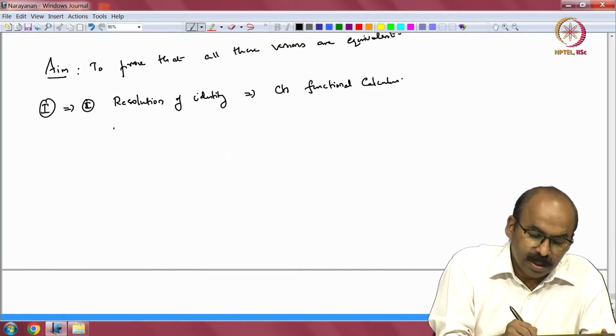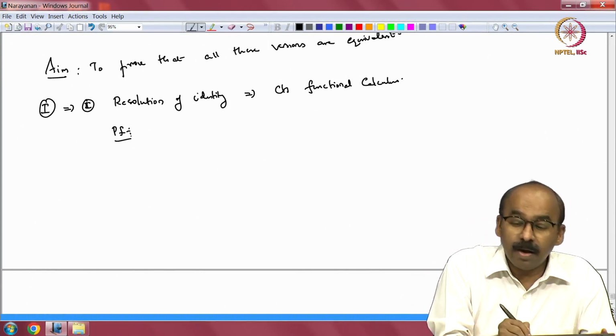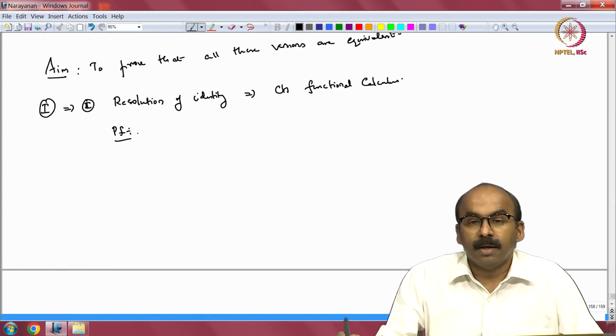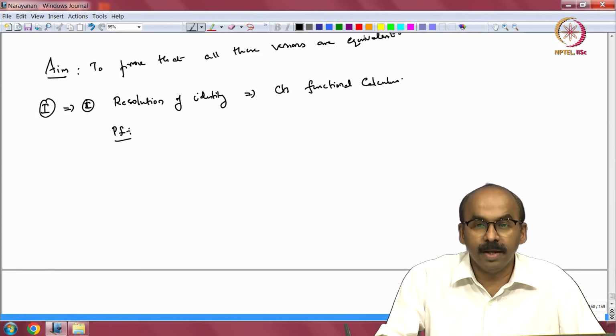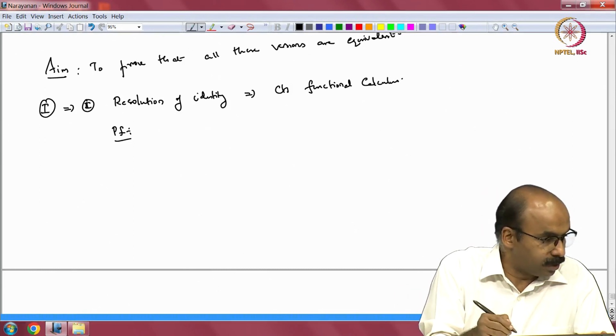So, proof of this, since this is what we did after defining the resolution of identity, right. Once we have the resolution of identity, we know how to define an operator for each continuous function, right. So, let us try to do that.